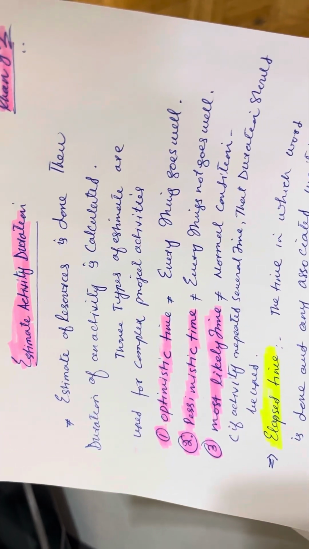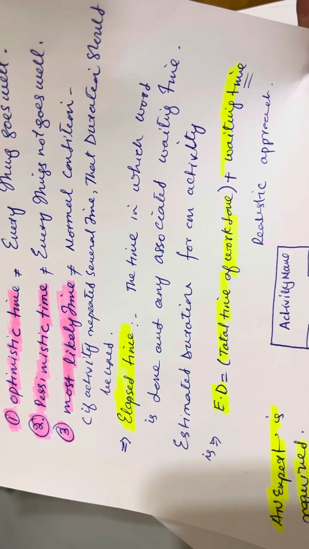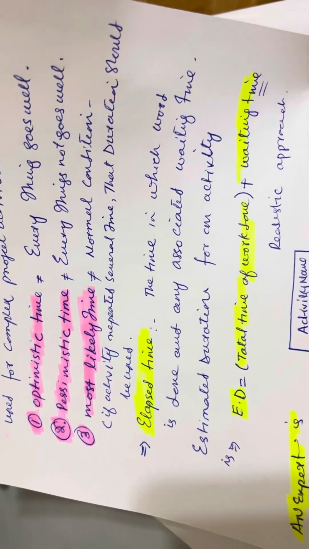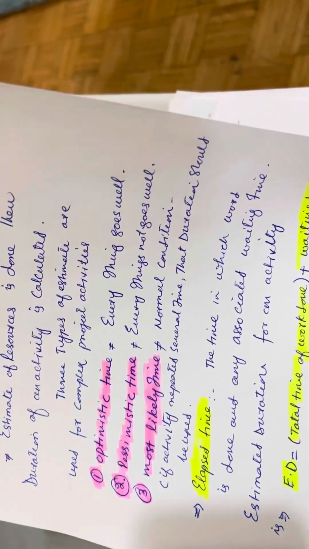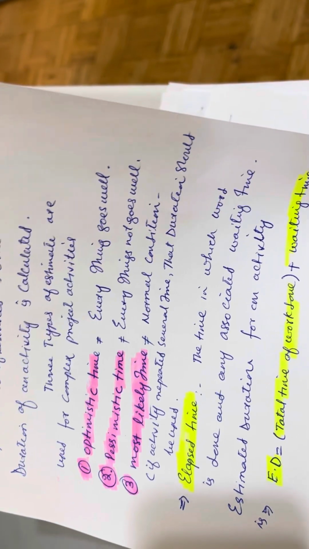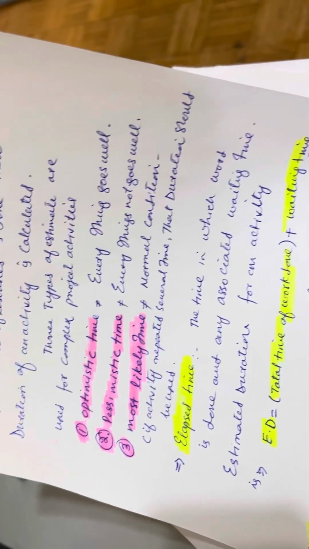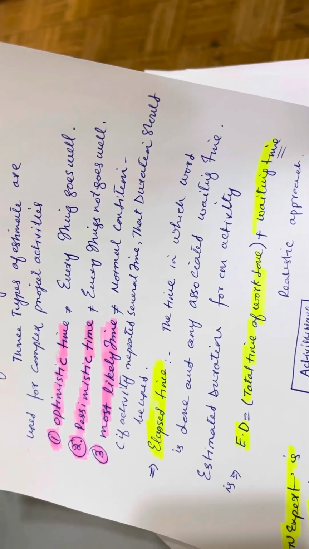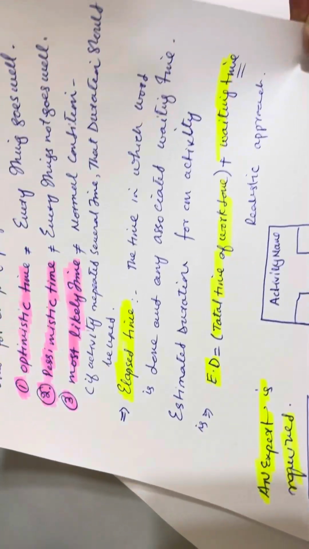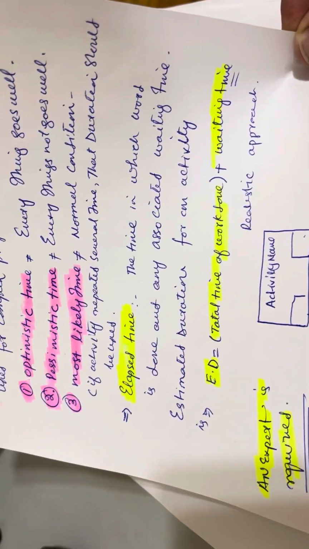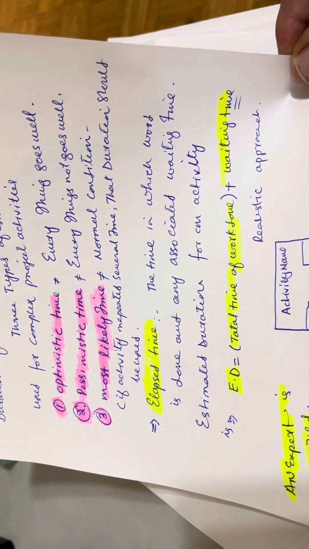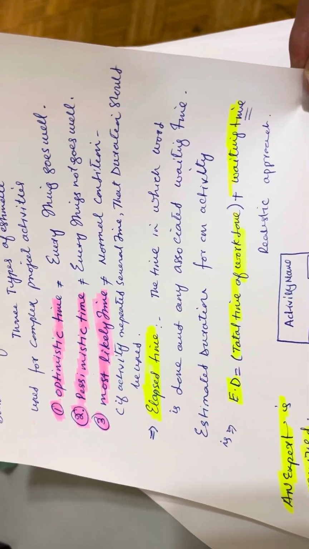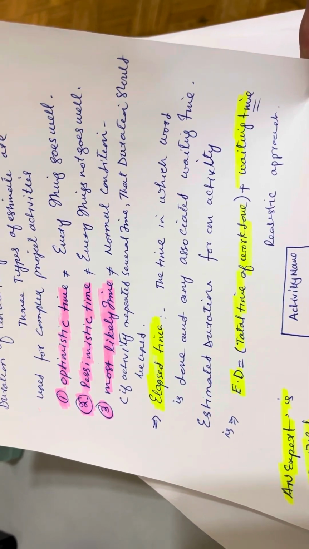So I think you got the idea about activity duration. Next we will jump into the project schedule, where I will discuss the earliest start time and latest start time, latest finish, and the project start and end time. Then we will go to the activities which are on the critical path, and slack.